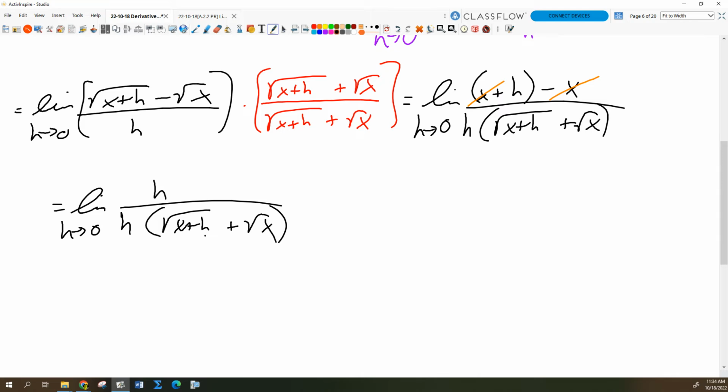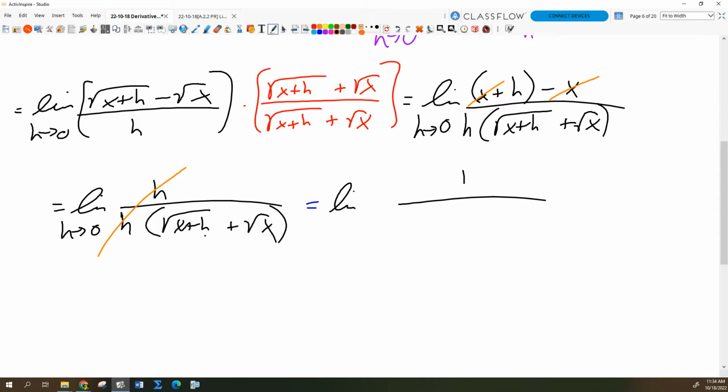And here's where the indeterminacy goes away, right? It always goes away the same way. I have to be able to factor the top and the bottom and cancel the factors that are going to 0, which I can do here. The h's cancel. And now I get a function that I'm able to evaluate directly when I'm taking the limit, right? So what do I end up getting for my answer then? If I let h go to 0, well, let's rewrite this.